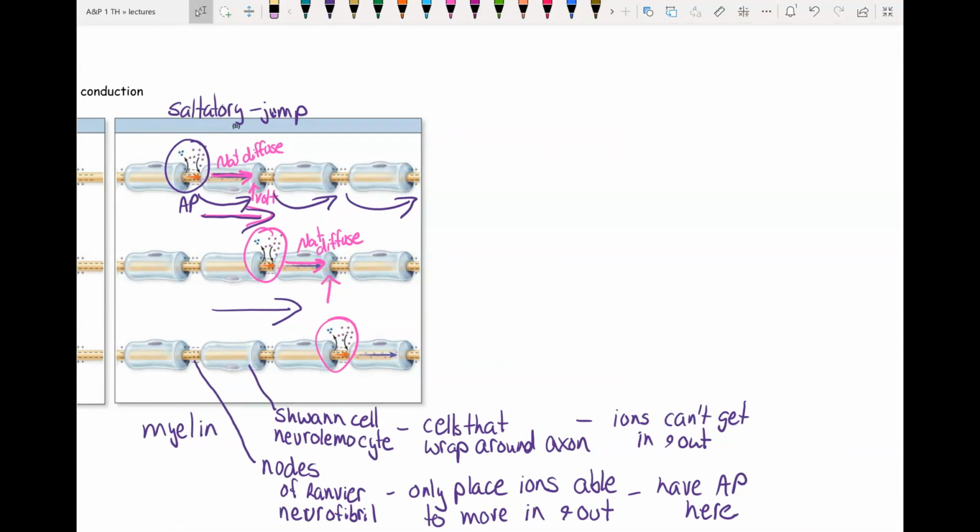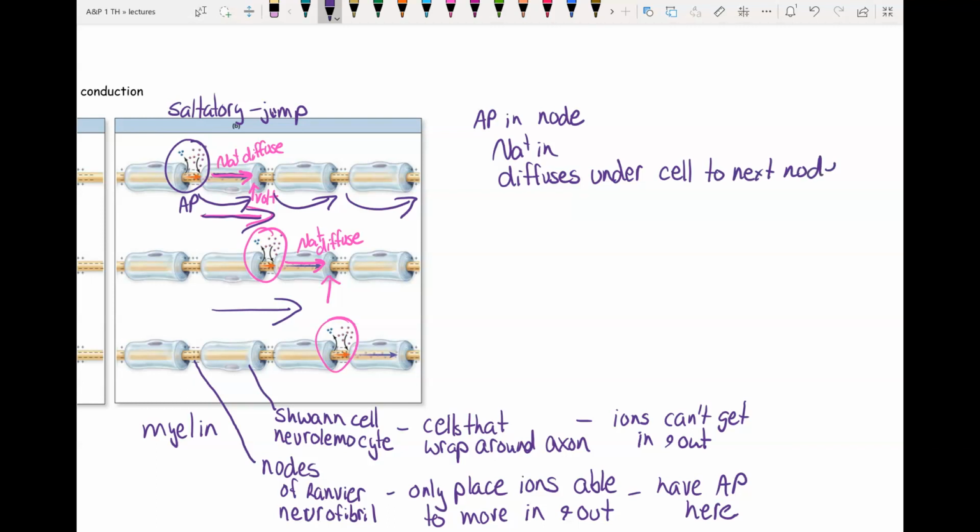So to sum up saltatory conduction, you have an action potential in a node. Sodium comes in, and it diffuses under the cell, that Schwann cell or neurolemmocyte, to the next node, where it raises the voltage and stimulates those gates to open.